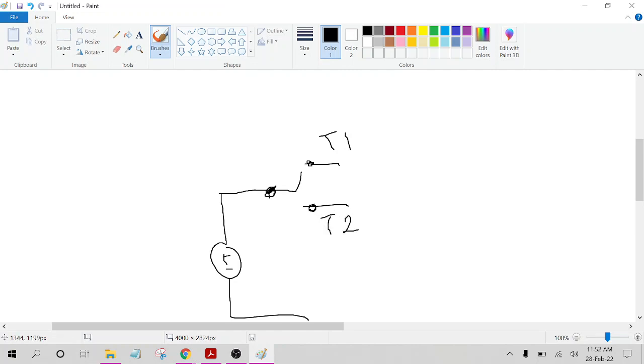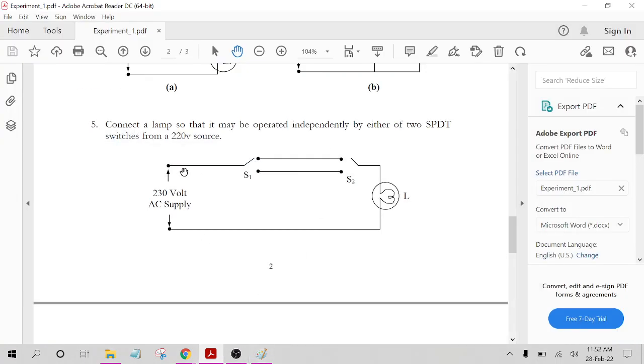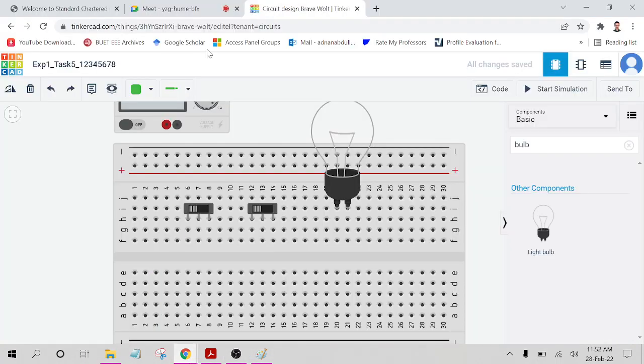Okay. So first let's build this connection. The positive terminal of the power supply needs to be connected with the common terminal of switch 1. Everyone understood? So I am doing that connection here.